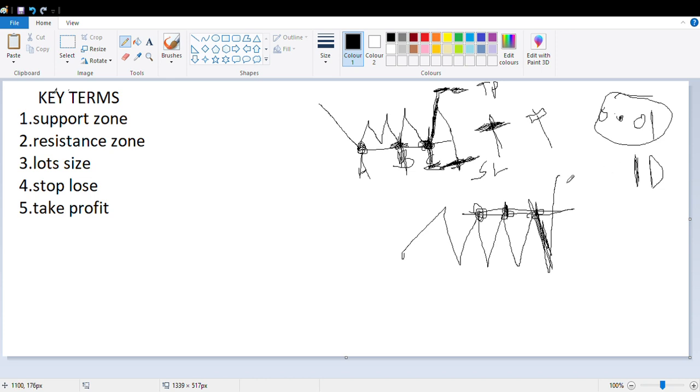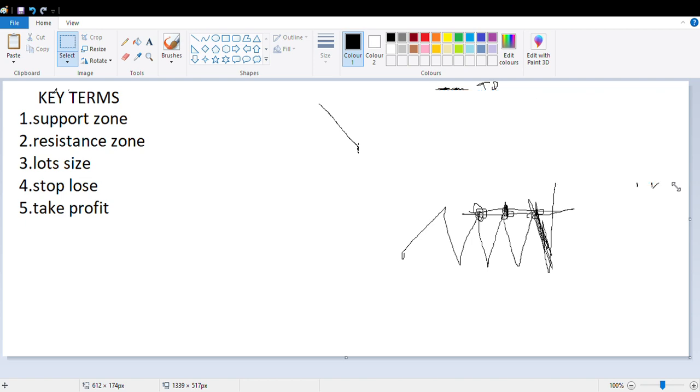And then fourth on our list is stop loss. It's like predicting that the market will go down, and unfortunately for you, the market reverses. Then it's like you've lost, right?